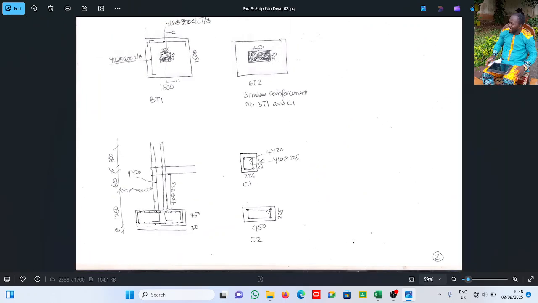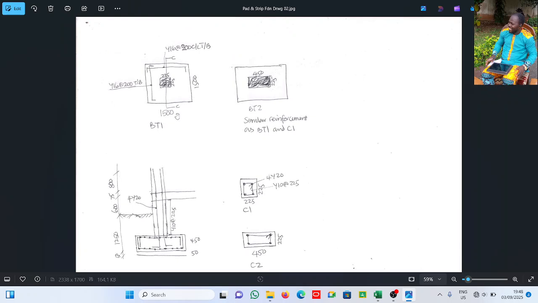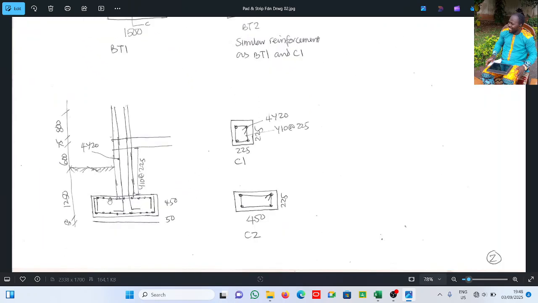We have two different footings. One is 1500 by 1500, the other is 2000 by 1500. This is 2000 in length, and here the width is 1500. And this is a section for that also.